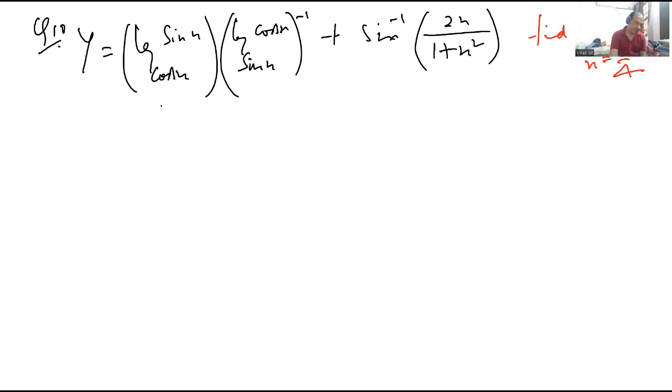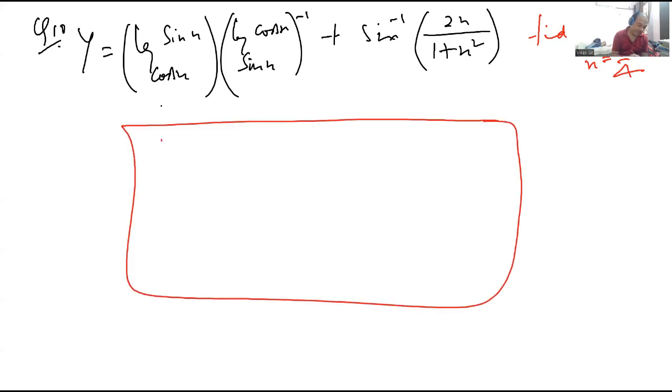Okay. Now here, the first thing is how you can solve all these things. I'm giving you some things which you can use to help yourself. If you have log a base b, this can be rewritten as log a over log b.